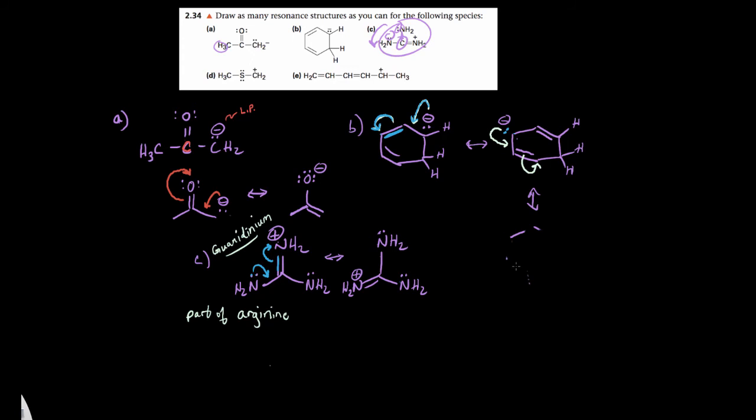So we can do it again, where we could have started with this pair of electrons on this side, but now that we're here, we can move this pair of electrons in to this pi bond to make this new pi bond, and then this pair of electrons go onto that nitrogen, and we get this structure.